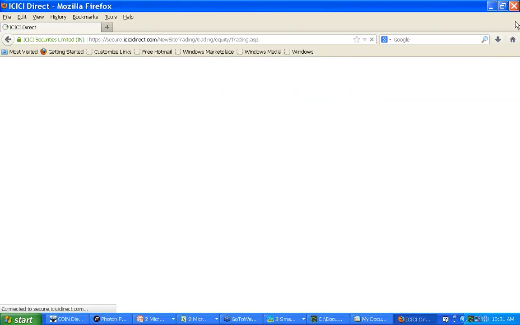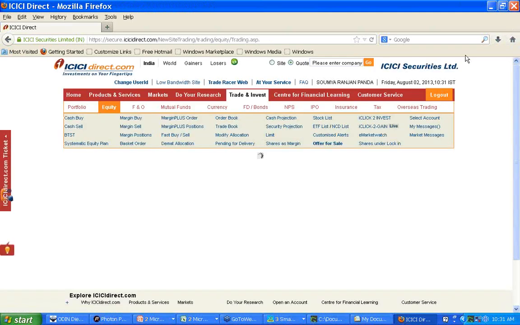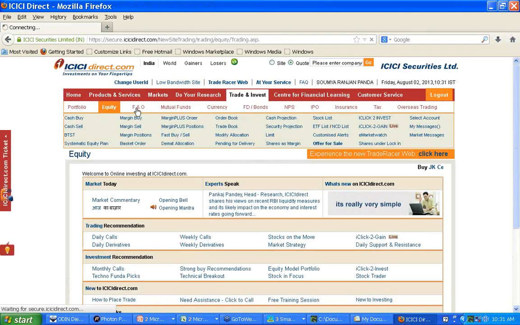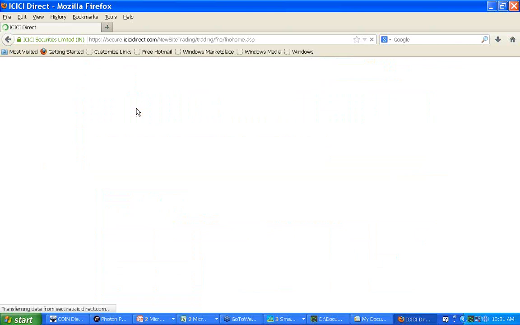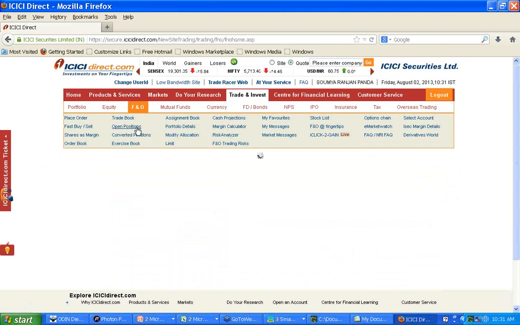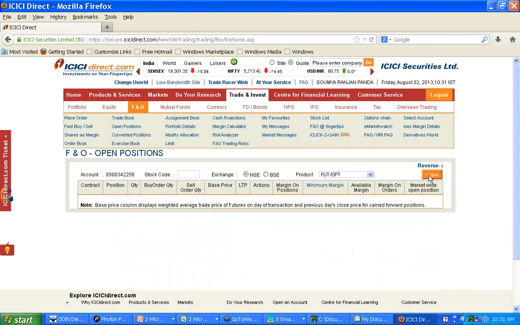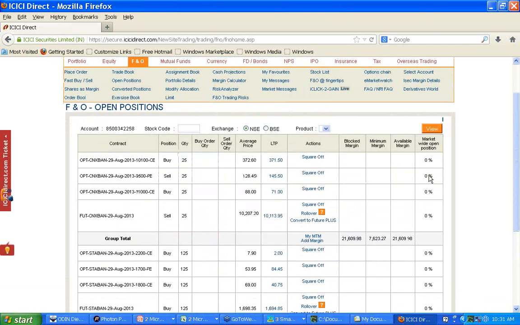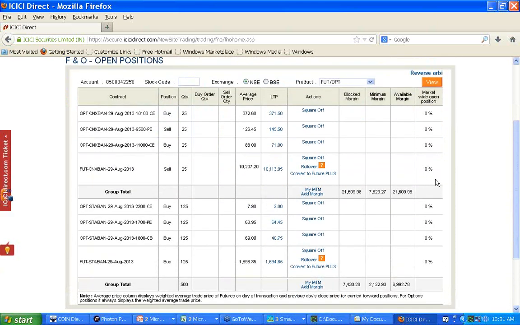I'll show you that open position, what I have and how much margin it has taken. If that much of margin also you don't have to trade, then I can't help you out. If you are just sitting in the market with 4,000 to 5,000 rupees, think about this trade.